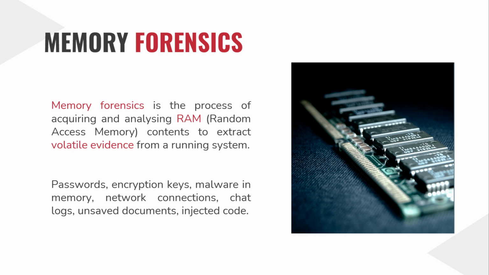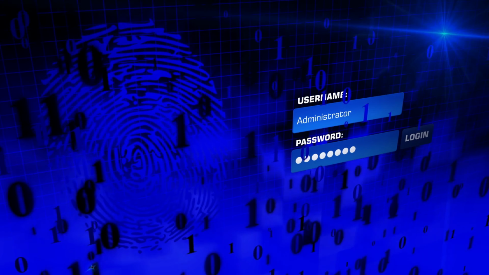Because RAM contains live data: the programs currently running, open network connections, chat messages, passwords, encryption keys, and sometimes even files that exist only in memory. Think of RAM like a detective walking into the crime scene. While the crime is still in process, you can see the suspects, the tools they are using, and even catch them in the act.